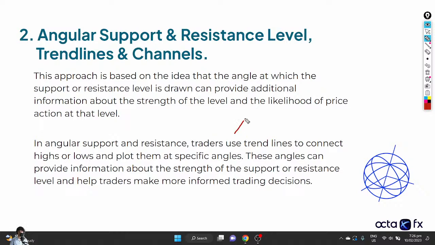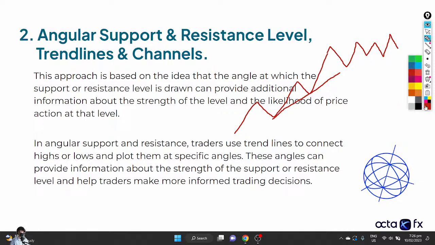Okay, so going back to the angular support and resistance. Again, if we have a market that has a structure like this, then all of a sudden, let's say that the price started to move like this. We can see that here the angle is steep, right? It is a very good angle, but right here we can see that the angle is slowly sloping.